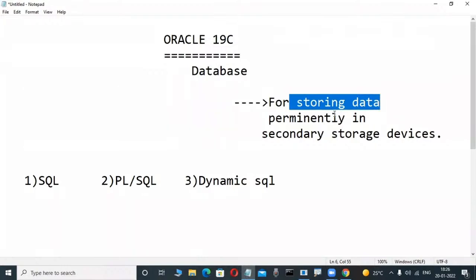Not only storing data, so many things are there. Actually, databases are not only about storing data, but also efficient retrieval of data is important. Suppose, for example, observe the screen.